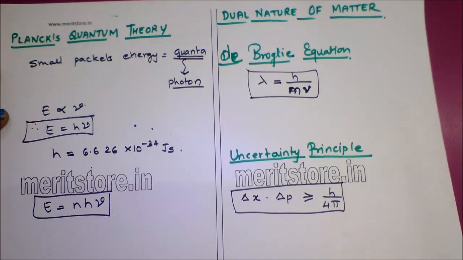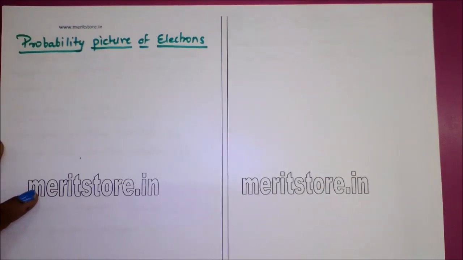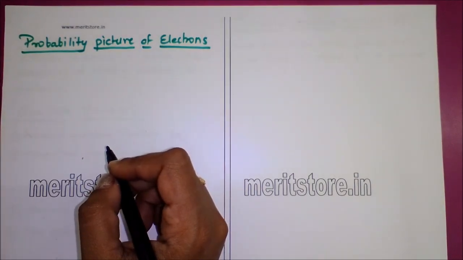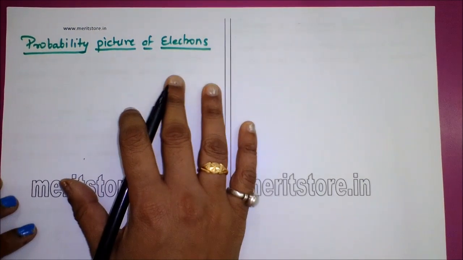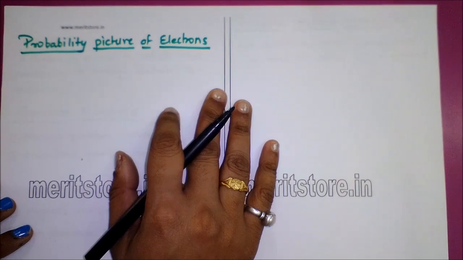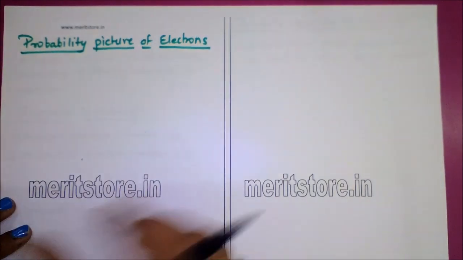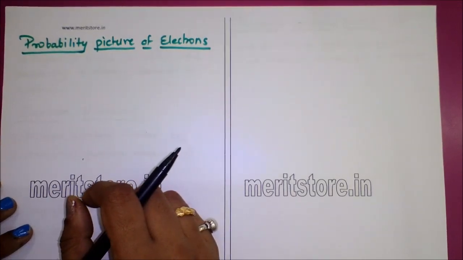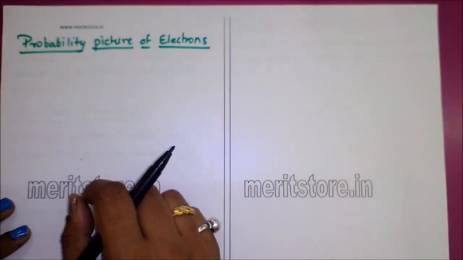But for the actual probability or location of that electron, we need to get an idea from Schrodinger's equation. Schrodinger incorporated the requirement of the uncertainty principle and de Broglie's concept of the matter wave, and proposed a mathematical expression that gives us an idea about the behavior of the electron in an atom.